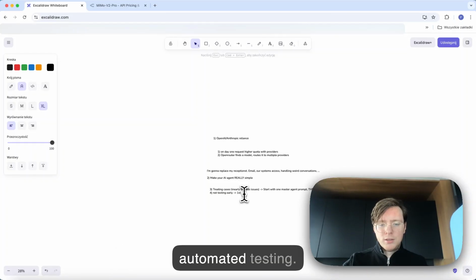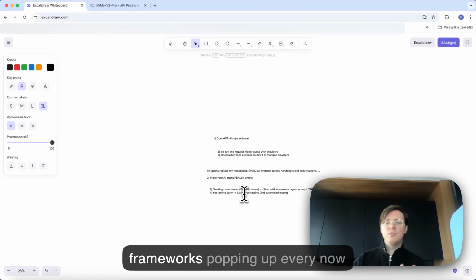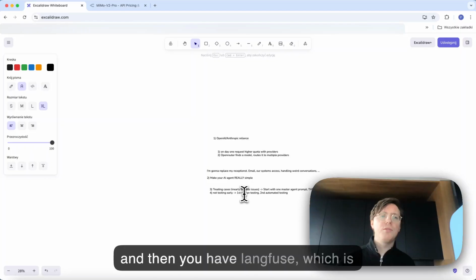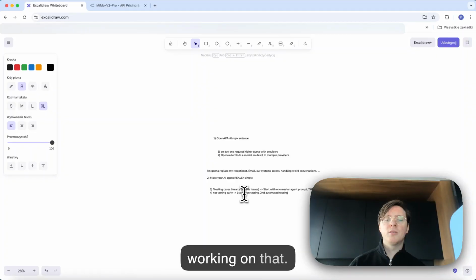So by testing early, the typical fixes would be first human testing, right? Human testing, second automated testing. On this front, there are new frameworks popping up every now and then. You have Langfuse, which is pretty cool. You have many other companies working on that.